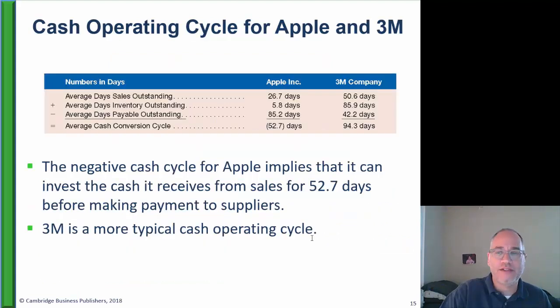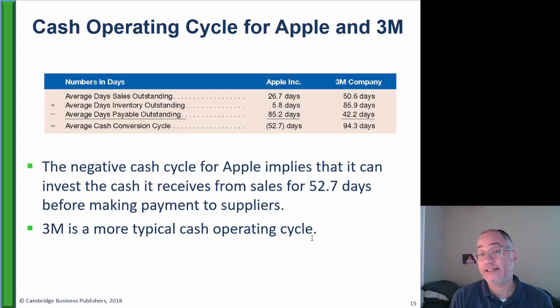And that's what the cash operating cycle describes. Here you can see the cash operating cycle calculated for Apple and 3M. 3M makes Post-it notes here. Apple, they make stuff. So what we would do to calculate the operating cycle is add the number of days sales outstanding. That is how long it takes you to collect your receivables.